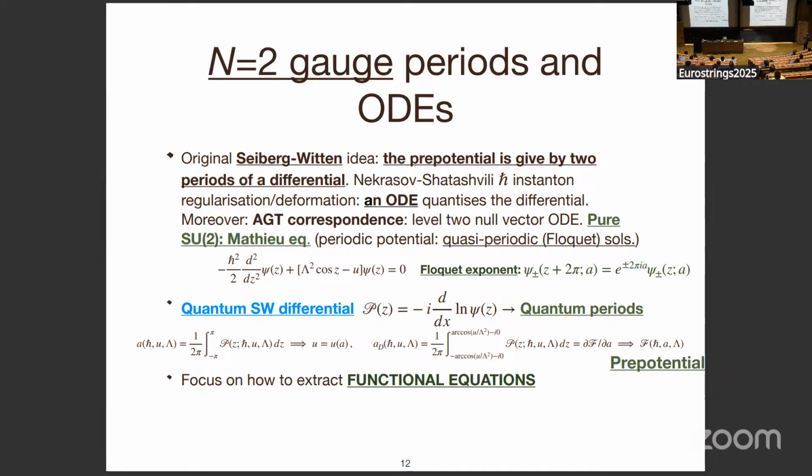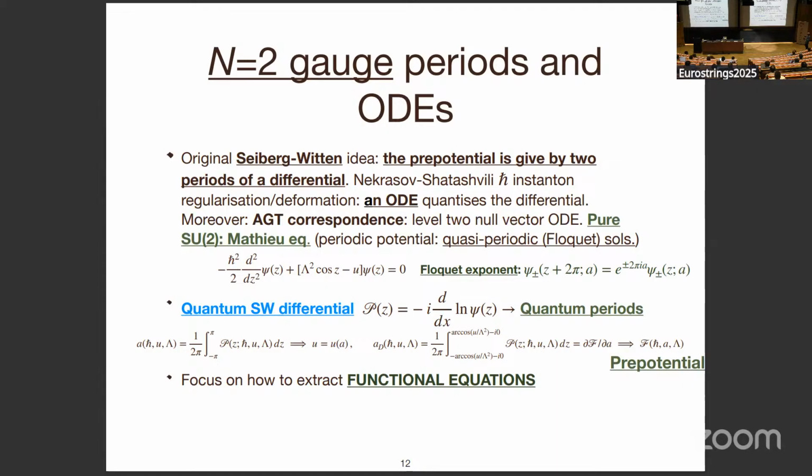U is the energy, if you wish, but also in gauge theory it is the trace of the square of the field, or the Coulomb branch modulus, and you put U in terms of A. The dual period A_D is the integral of the same differential, but on the other cycle. And in this way, Seiberg-Witten tells you that this is the derivative of the prepotential with respect to A. So you get, in the end, the prepotential.